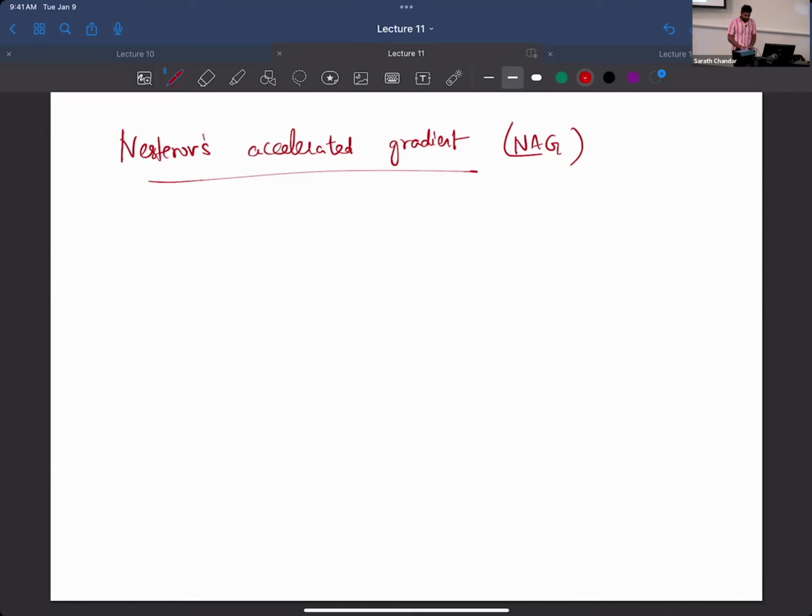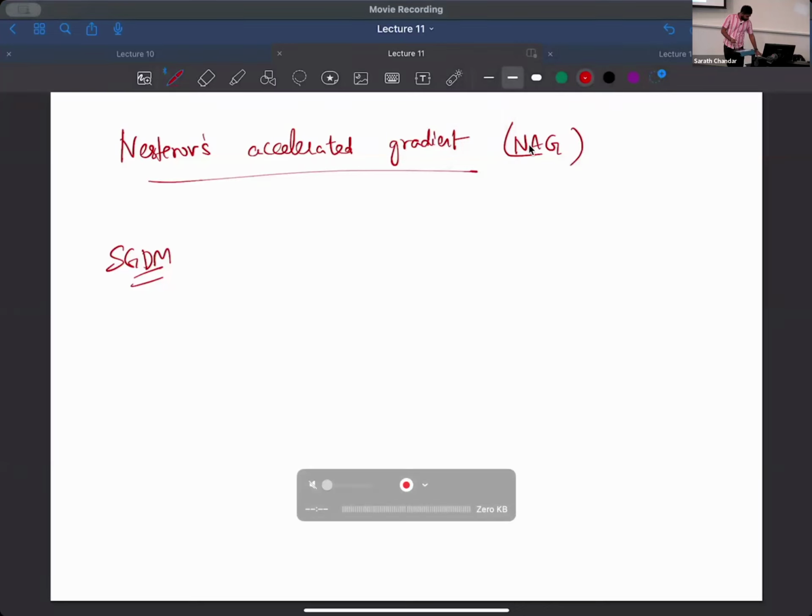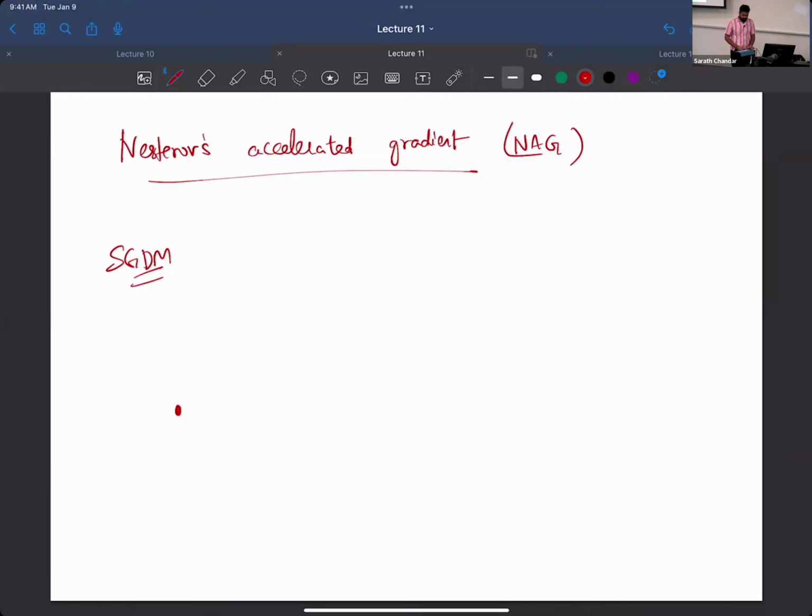Okay, so how does this work? Let's actually look at SGDM first. You're here. Let's say your momentum looks like this, and your gradient looks like this.